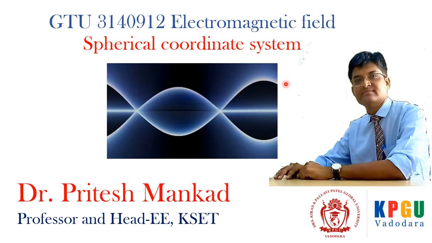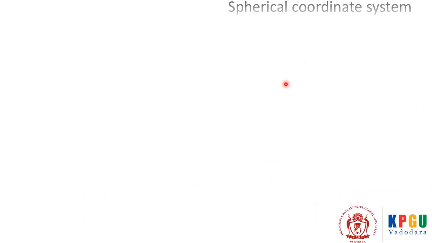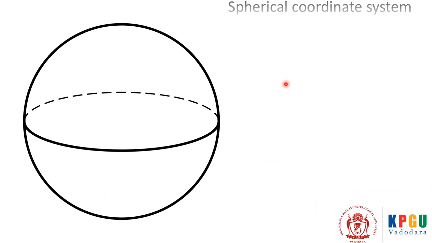So let's continue. A spherical coordinate system means that any point in 3 dimensions is assumed to be on the surface of a sphere. So a 3D sphere is assumed, and this sphere is such that its center is at the origin (0, 0, 0), and this is the z-axis.